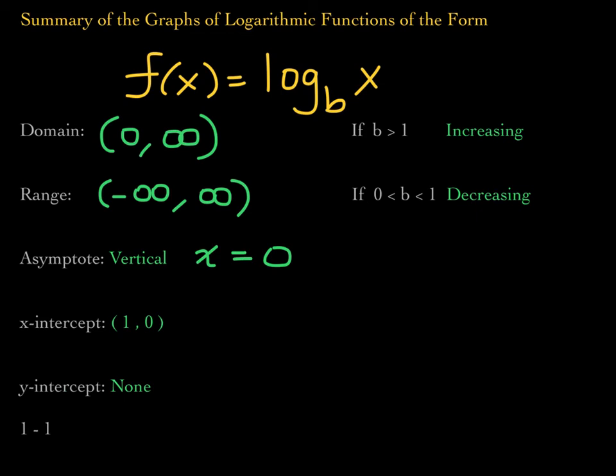I want you to notice a few other things. Log functions have a vertical asymptote, while exponential functions have a horizontal asymptote. The equation for the vertical asymptote of a log function is x equal to 0. The equation for the asymptote of an exponential function is y equal to 0.